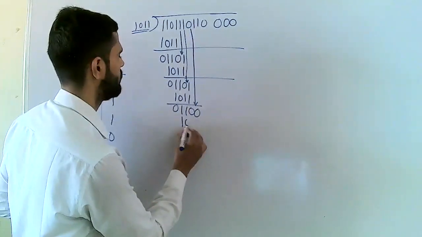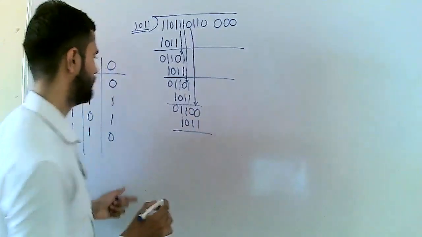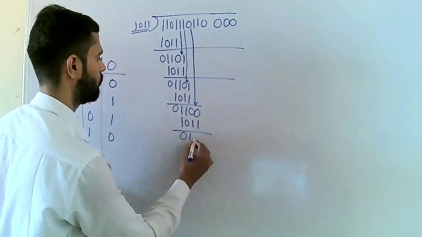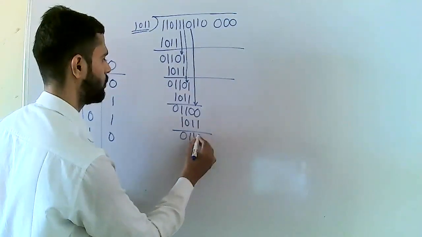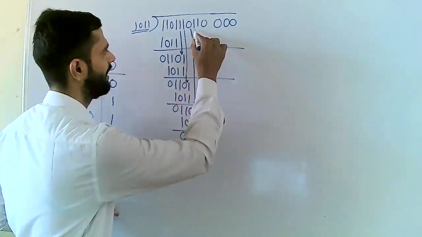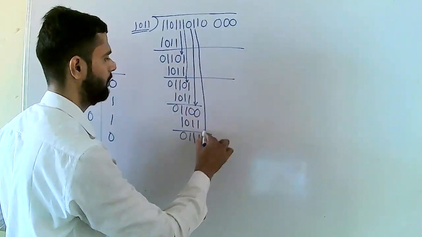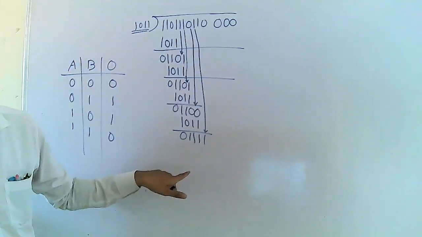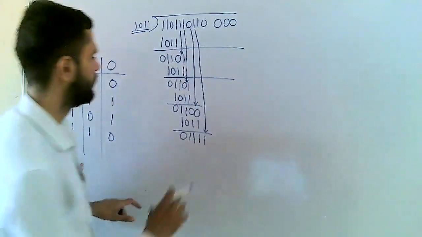So again 1, 0, 1, 1. So both are 1, then output is 0. For 1, 0, 1. For 0, 1, that is 1. Again take this bit. 1, all are 1. Okay.